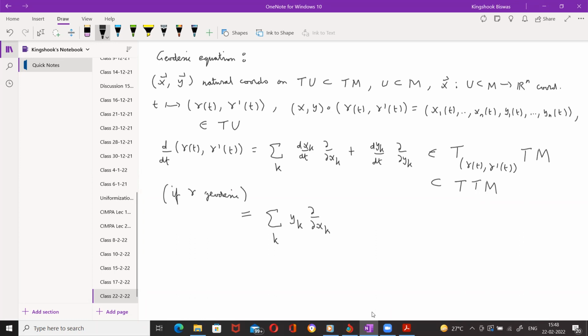Okay. Plus this dyk/dt, from the geodesic equation, will become minus the sum over i, j of yi yj gamma^k_ij, and then del/del yk. Is this clear?